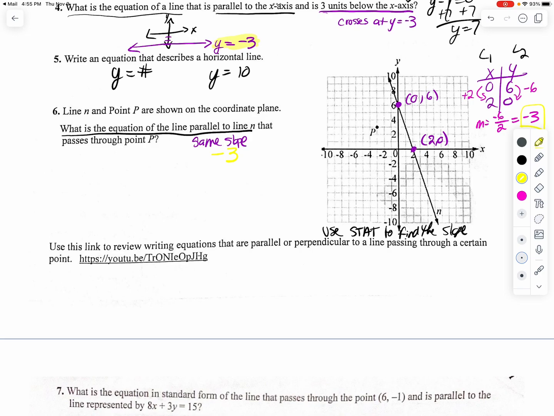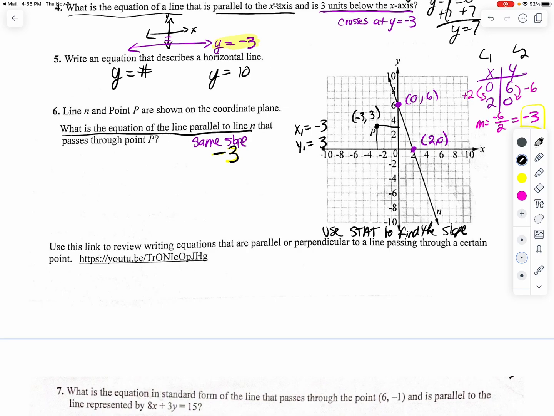Right? So we know the slope of the new line is going to be -3. And we know that the new line is going to pass through P. Now, P has a point of -3 for x and 3 for y. So that means x1 is -3, y1 is 3.